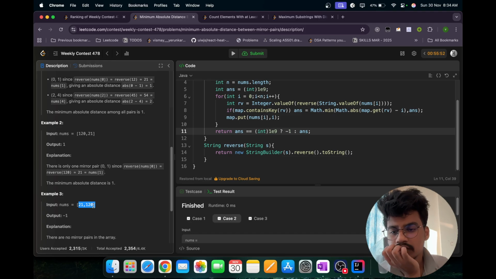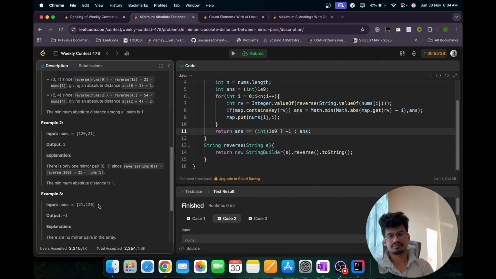But why is it not present here? Reverse of this is 1 2 and reverse of this is 2 1.